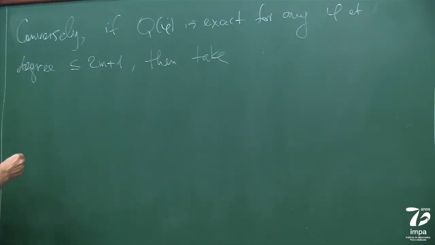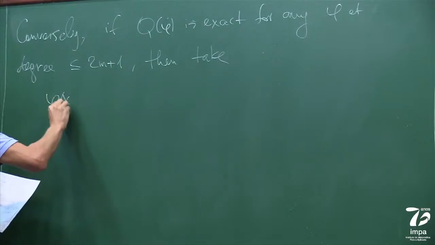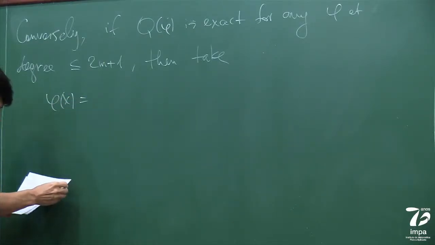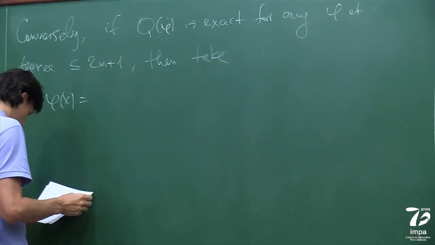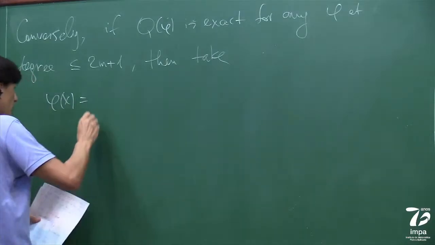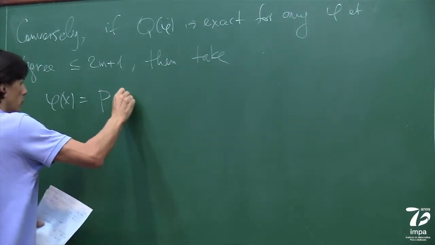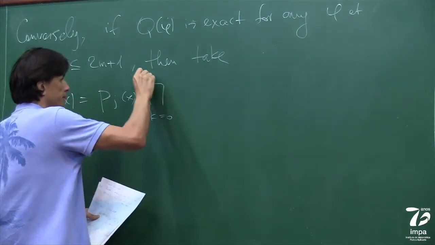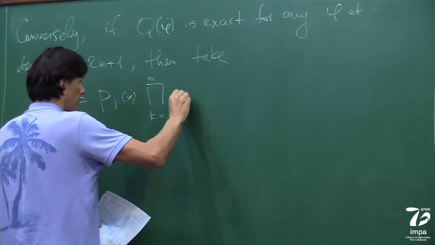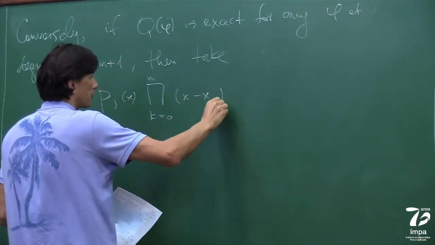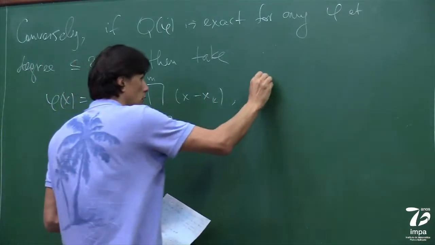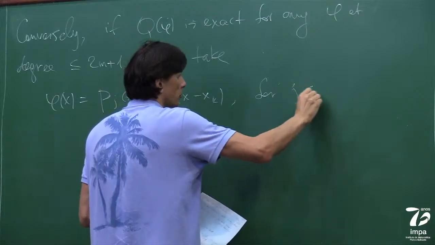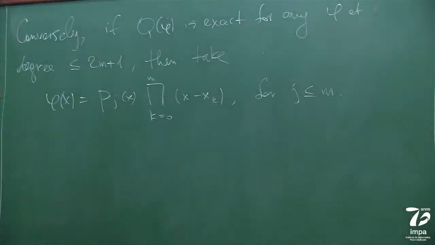Take phi equal to Pj of x times the product of (x minus xk), for any j smaller or equal to m.